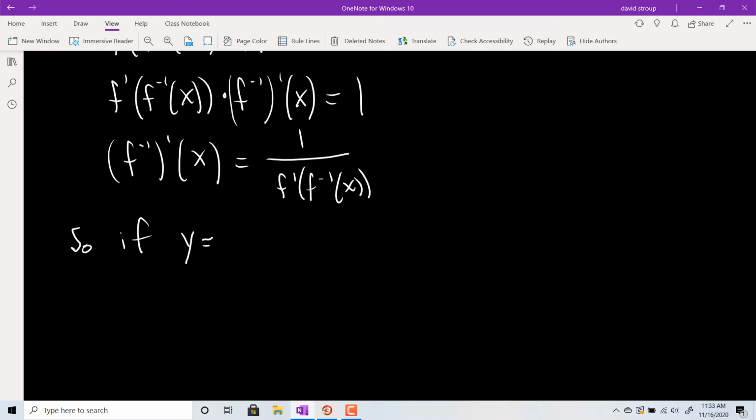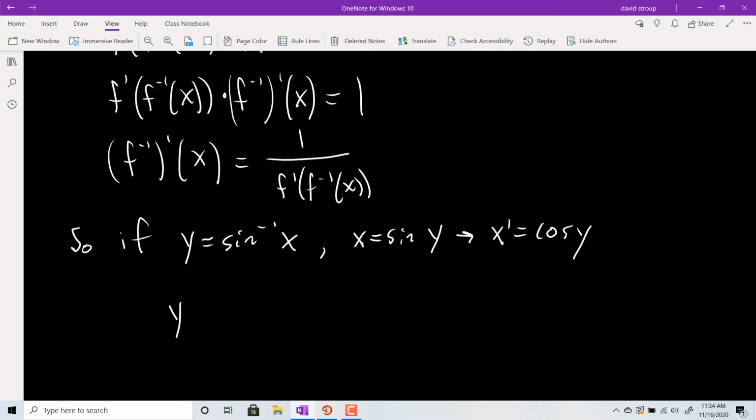Okay, so then if we're given this function y equals sine inverse of x that we want the derivative of, we notice then x will equal sine of y, and then we also notice that implies x prime will be cosine of y. We can use that formula to figure out the derivative of y equals sine inverse of x.